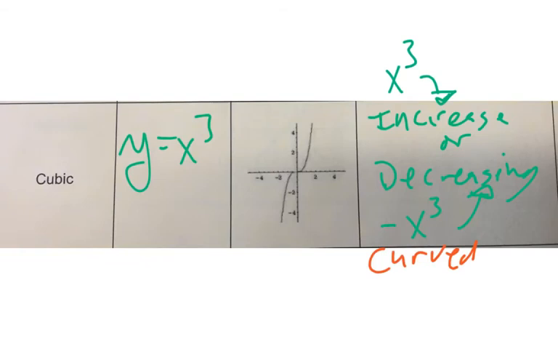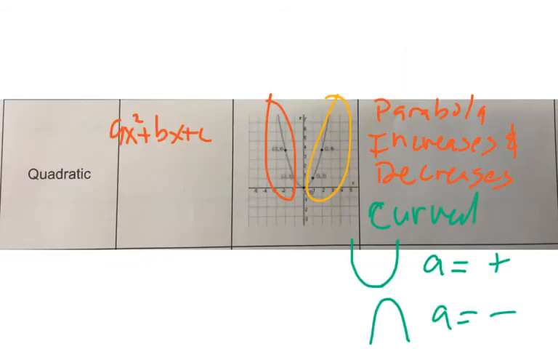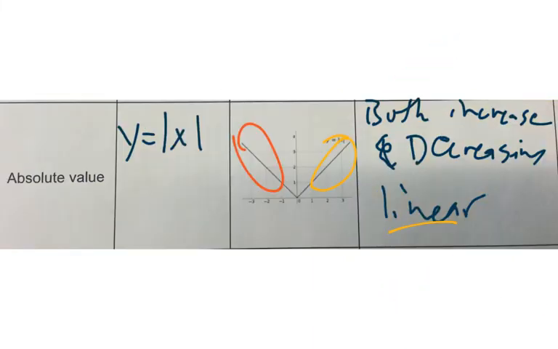Let's go back for a second to the quadratic. If it is like this, where a is positive, it is a u, and it has a minimum. If a is negative, and it looks like a frowning face, it has a maximum. The same goes with our absolute value.